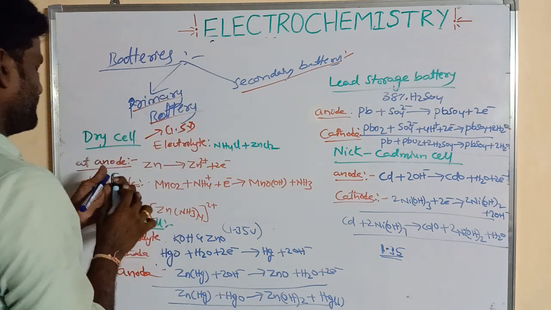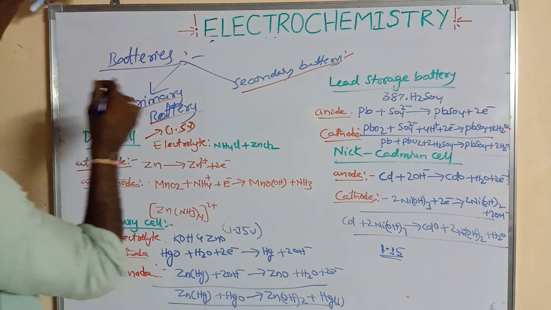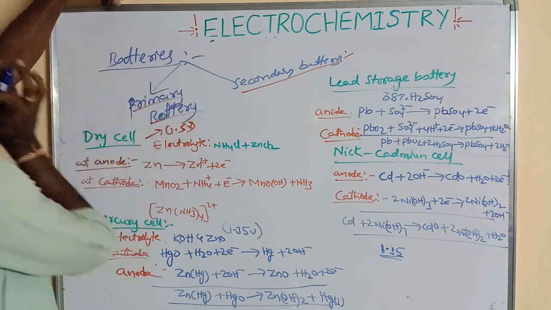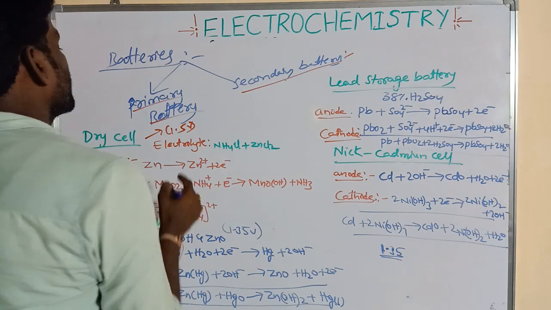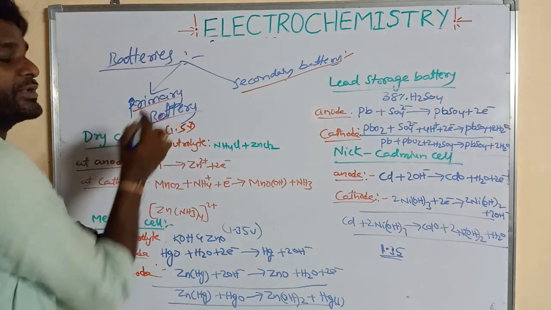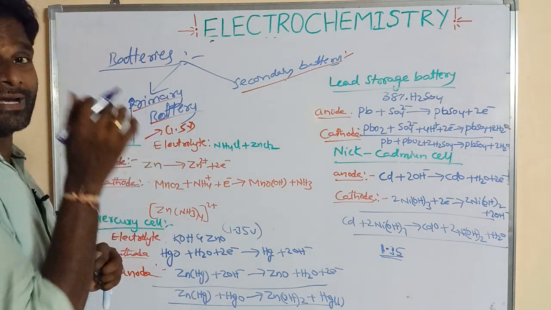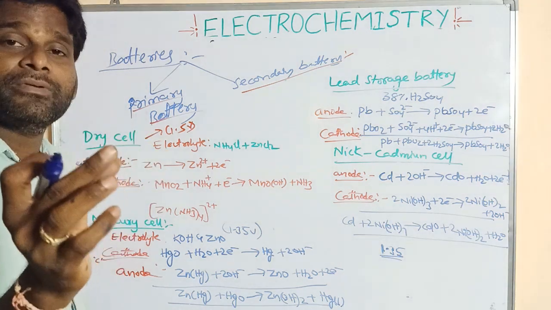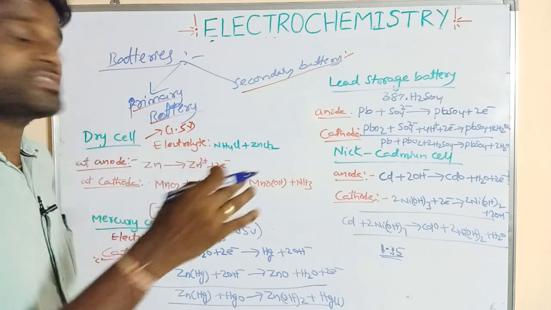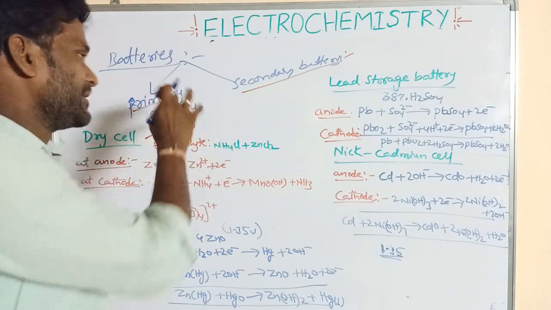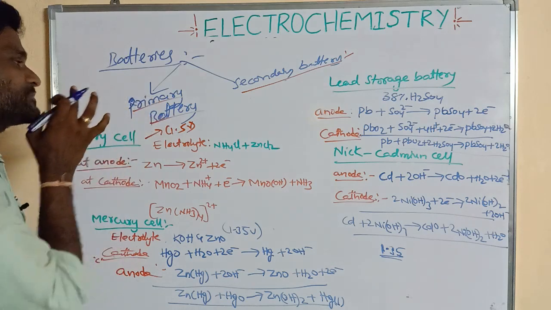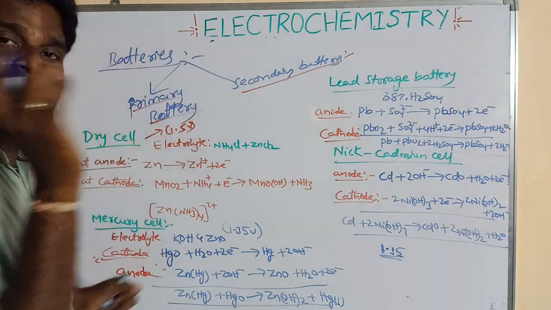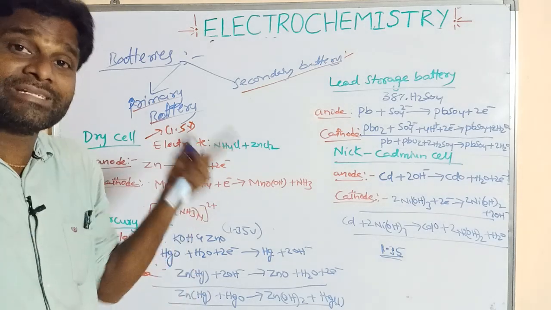A primary battery is a battery or cell which, after its use over a period of time, becomes dead.